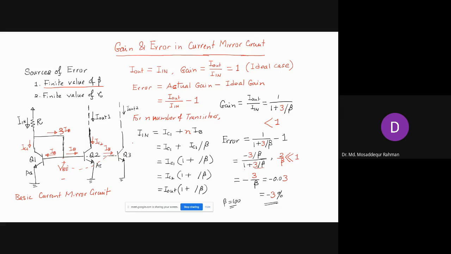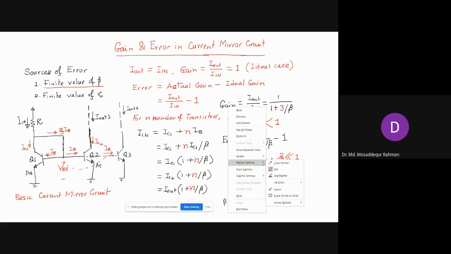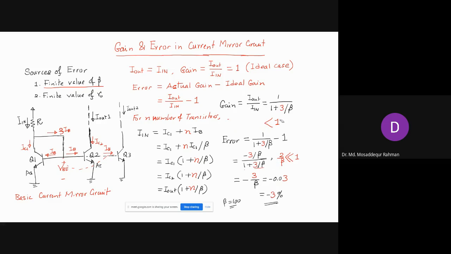This is supplied to the n transistors. So all the numbers are replaced by n, and here also 3 will change. So that is n.